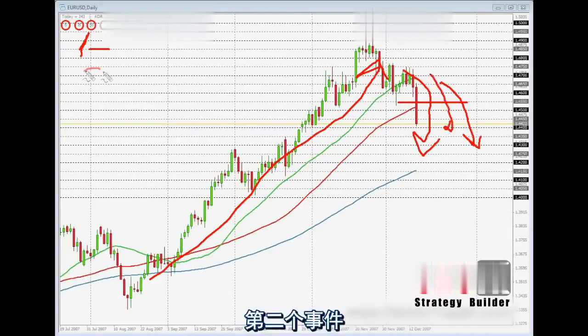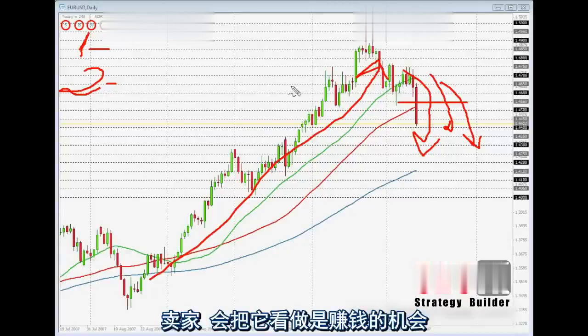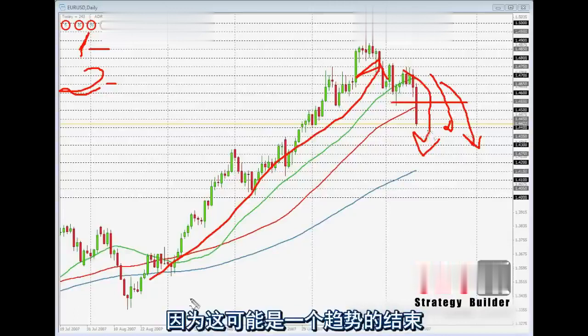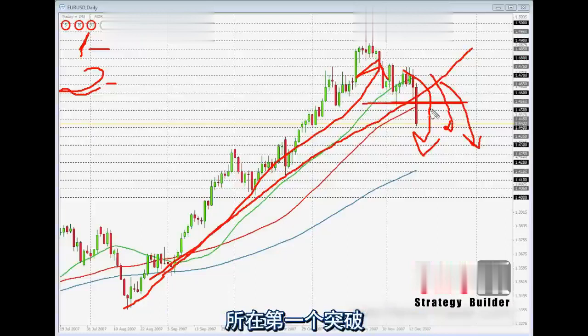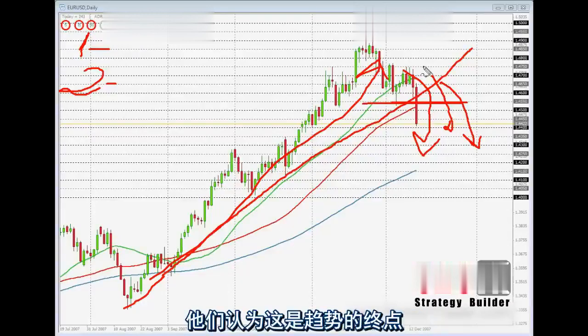The second event is actually the opposite one. The bears, the people who wanted to sell short this market, see their opportunity, perhaps a trend line breakout or something like that, and at the first breakout they join short in this market. Basically, what they are identifying is the end of this trend.